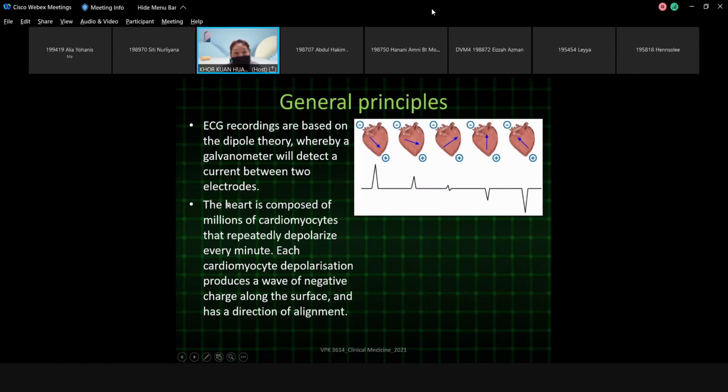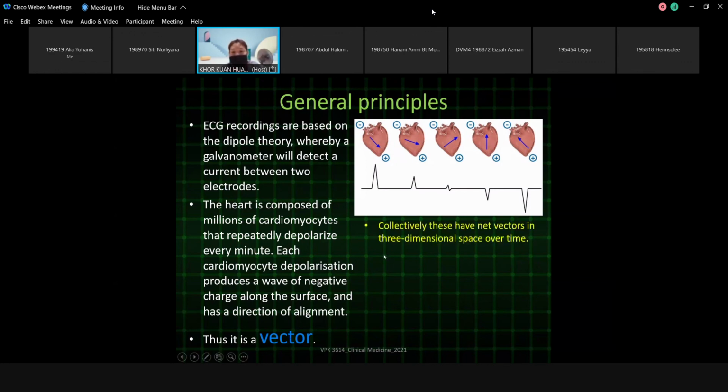Okay. Now the heart is composed of so many cardiomyocytes, and they repeatedly depolarize every minute. Each cardiac depolarization produces a wave of negative charges along the surface and has a direction of alignment. So that's what it means, positively deflected or negatively deflected. That's what you term as vector.